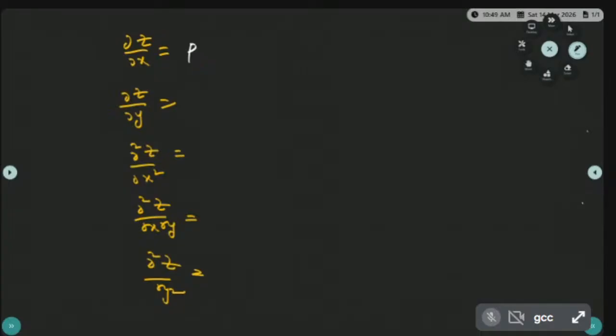Both are same. Dou z by dou y is represented by q, and the second derivatives by r, s, t. What is p? Dou z by dou x. Q, r, s, t.